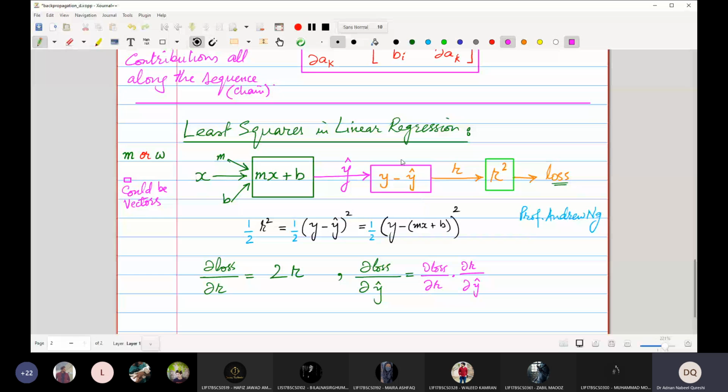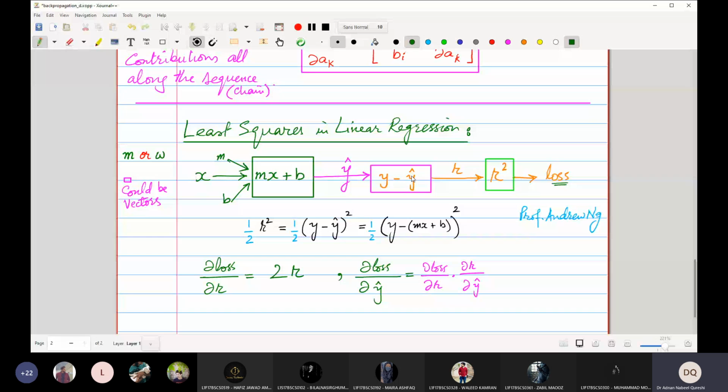Now if we have taken the y hat with this equation, अगर हम इसे डिफरेंशिएट करें with respect to y hat, then इस टर्म में तो y hat नहीं है, it will go away. इसमें y hat है, raised to power 1, 1 इधर आ जाएगा, ये 0 हो जाएगा, so it will be -1.